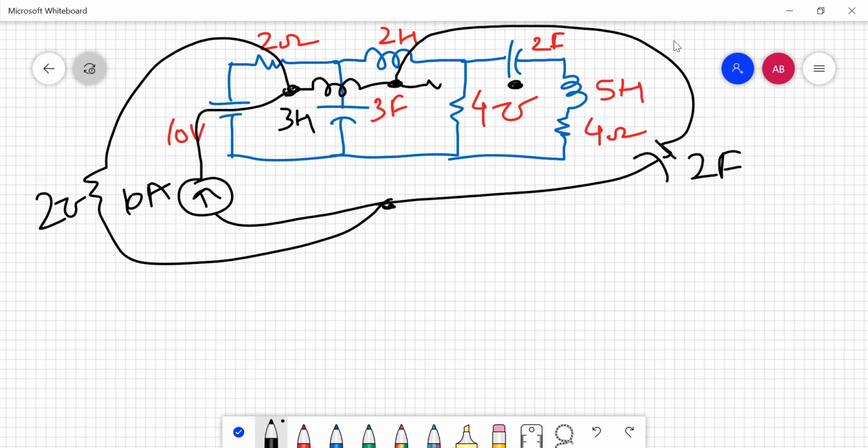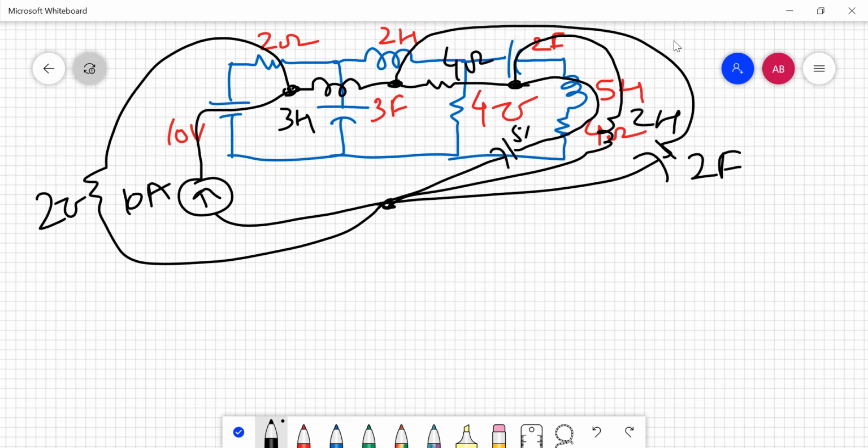And 4 mhos will be replaced with 4 ohm. 2 farad will be replaced with 2 Henry. And similarly, your 5 Henry will be replaced with 5 farad. And lastly, your 4 ohm will be replaced with 4 mhos.